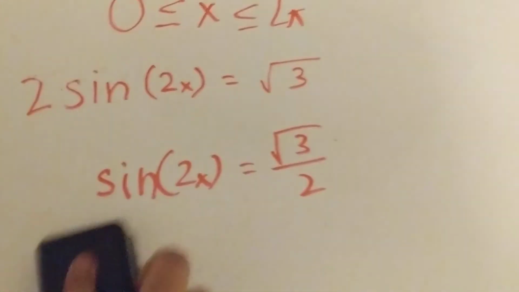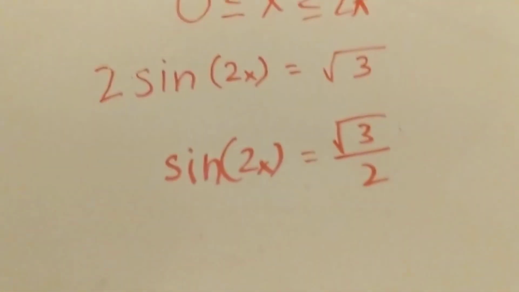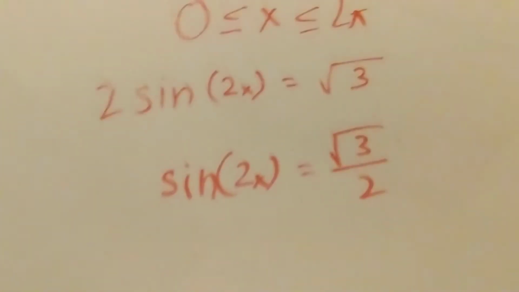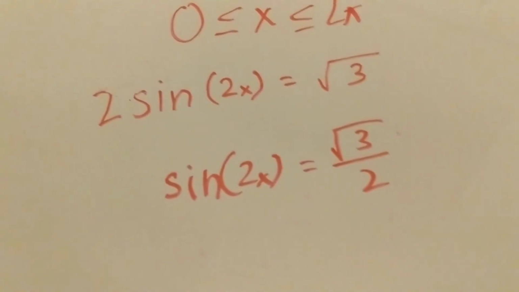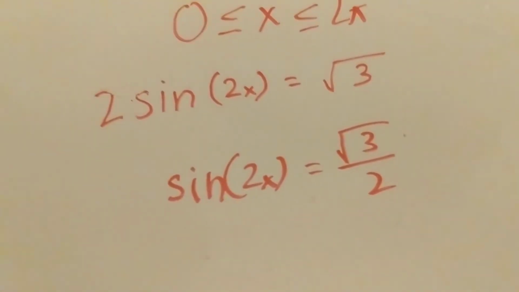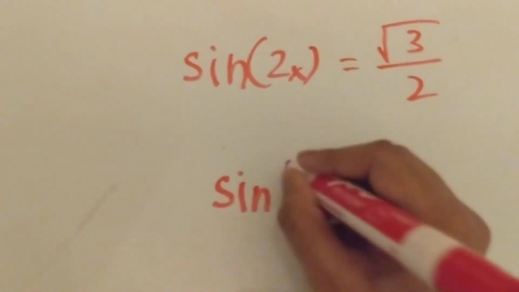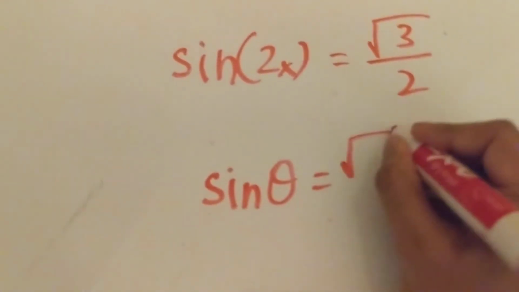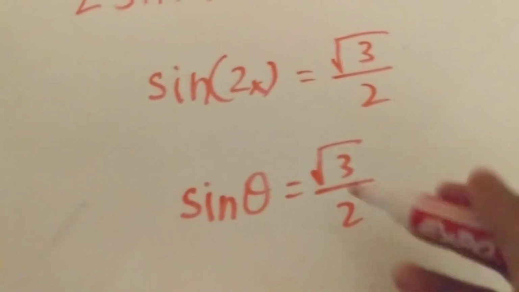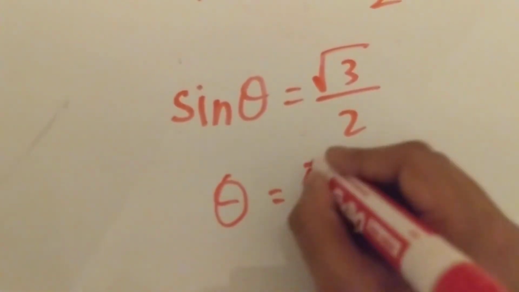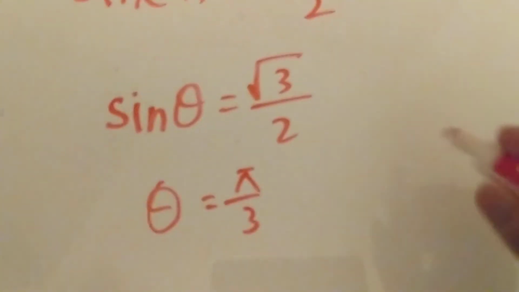And so what value goes into x? One thing you may have noticed is the values for theta for root 3 over 2. So what does sine of theta equals root 3 over 2 mean? Like what is theta in this case? Theta can mean pi over 3, and that might be the first answer that jumps out at you.